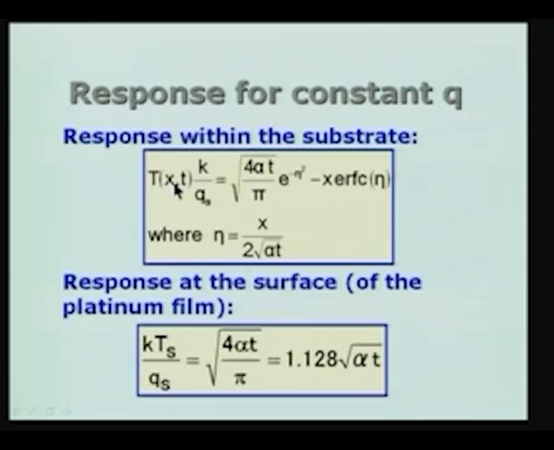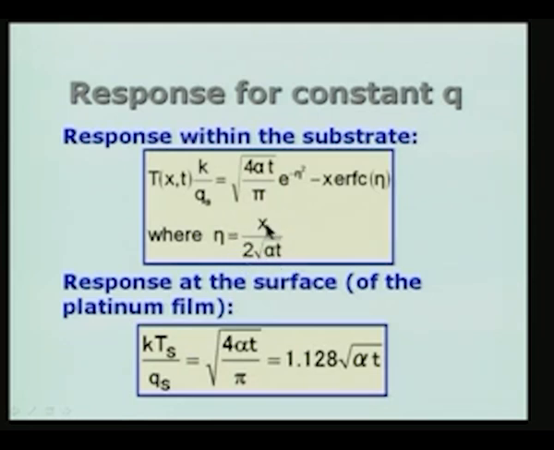So, T x t multiplied by k by qs, where k is the thermal conductivity of the substrate material, qs is the surface heat flux input at the surface, is equal to square root of 4 alpha t by pi, where alpha is the thermal diffusivity of the substrate material, e to the power of minus eta squared, where eta is x by 2 root alpha t, a non-dimensional variable.